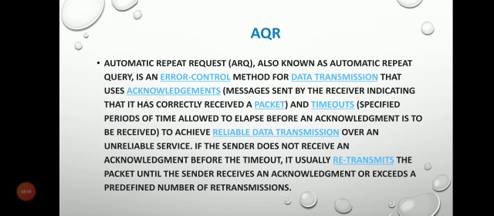It is an error control method for data transmission that uses the acknowledgement message sent by the receiver, indicating that it has correctly received a packet, and timeout, specified periods of time allowed to elapse before an acknowledgement is to be received, to achieve reliable data transmission over an unreliable service.